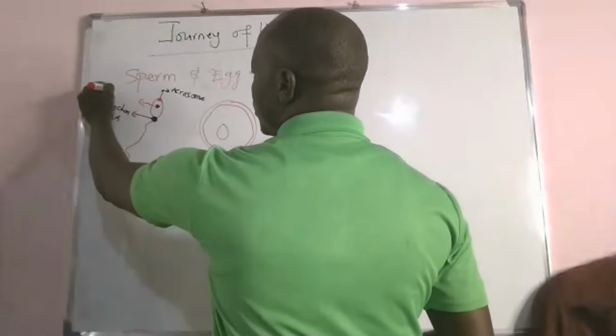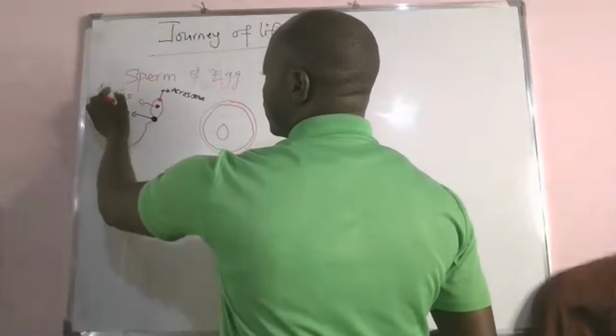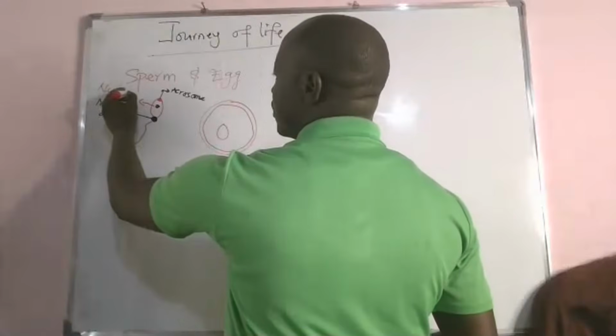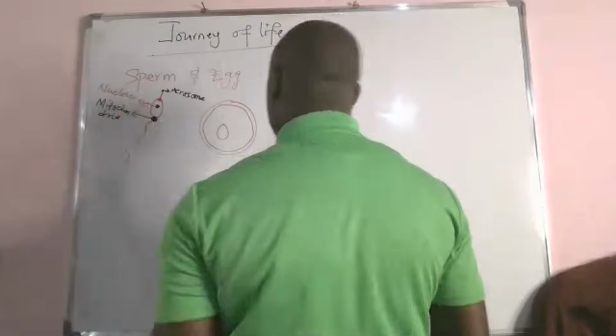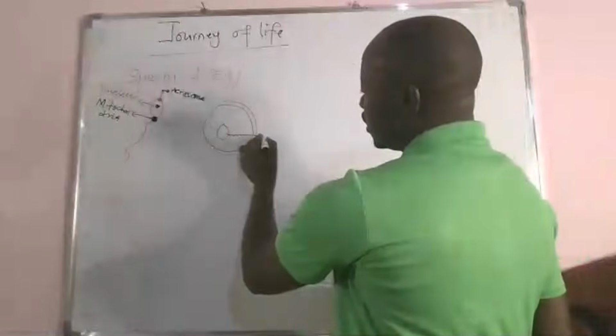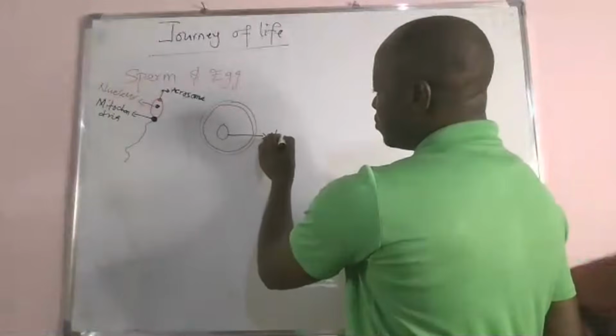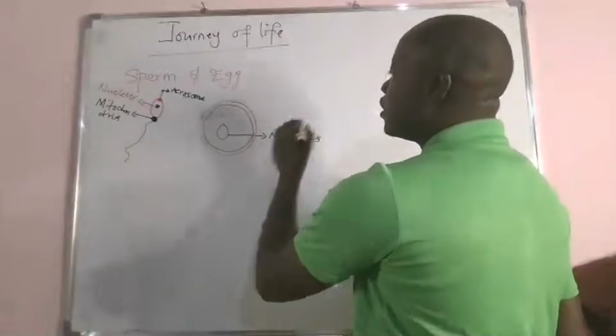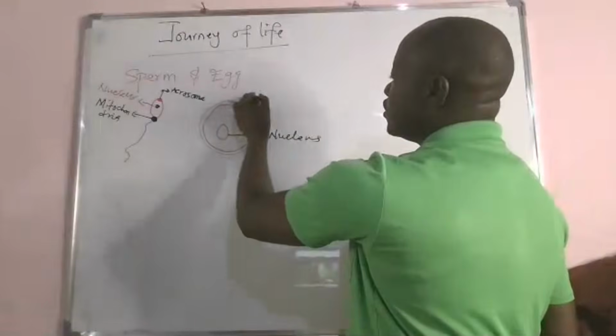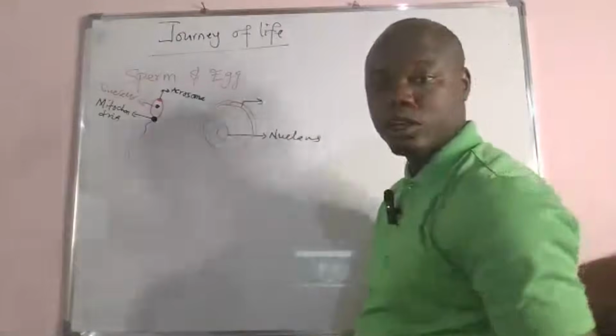And then also in the egg, this is the nucleus of the egg, and this is what you call the zona pellucida.